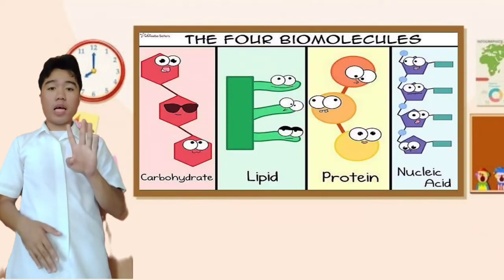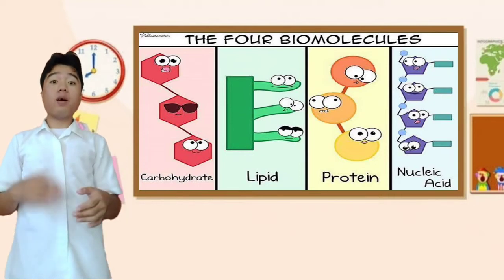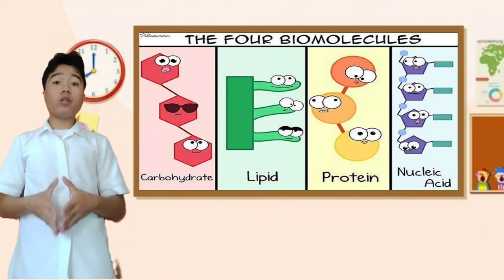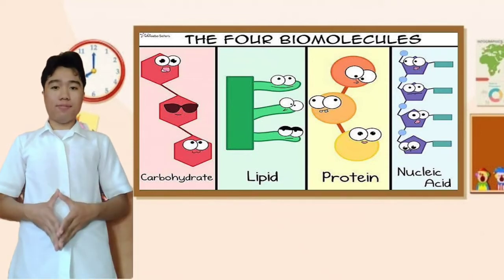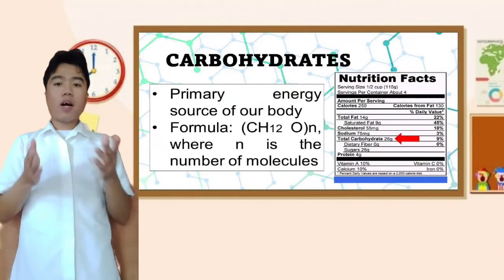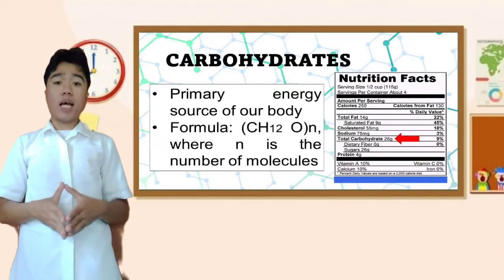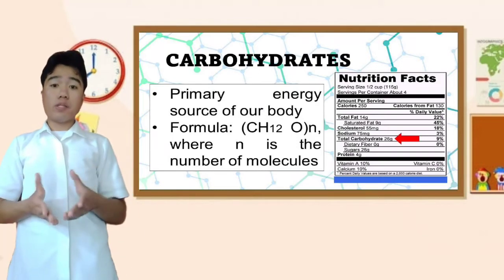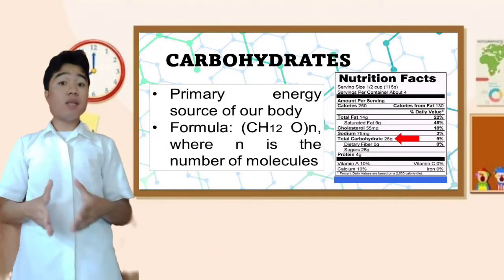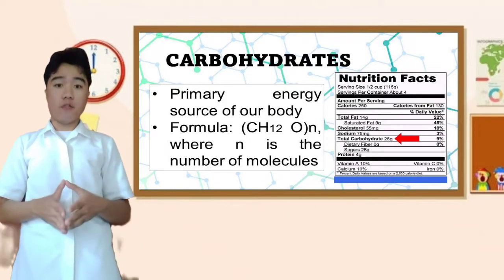Biomolecules have four types: carbohydrates, proteins, nucleic acids, and lipids. And we are going to talk about them one by one. Okay, so let's start with the carbohydrates. Carbohydrates are the most common type of biomolecule, and they are the primary source of energy needed by our body to perform activities.